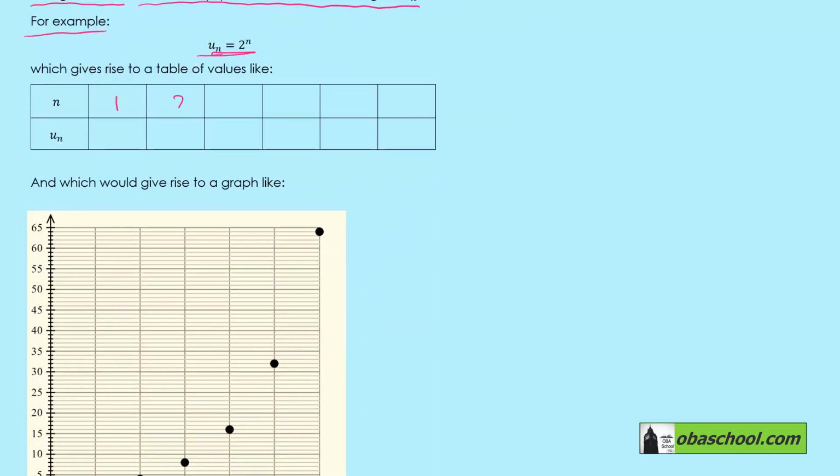So n is 1, 2, 3, 4, 5, 6. So u1 would be equal to 2 to the power 1, substituting 1 in for n, and that's 2. And then u2 will be 2 squared, which is 4. 2 cubed is 8, 2 to the power 4 is 16, then we get 32 and 64.